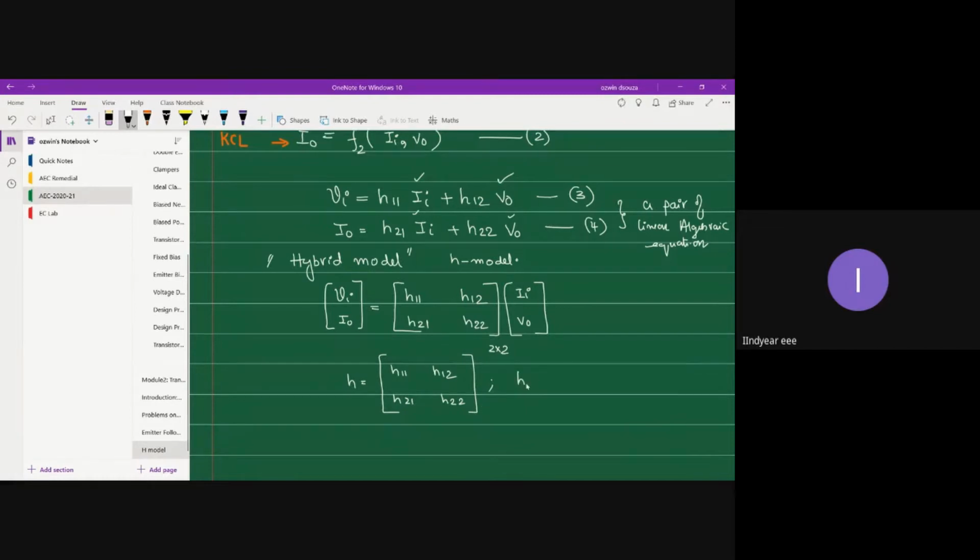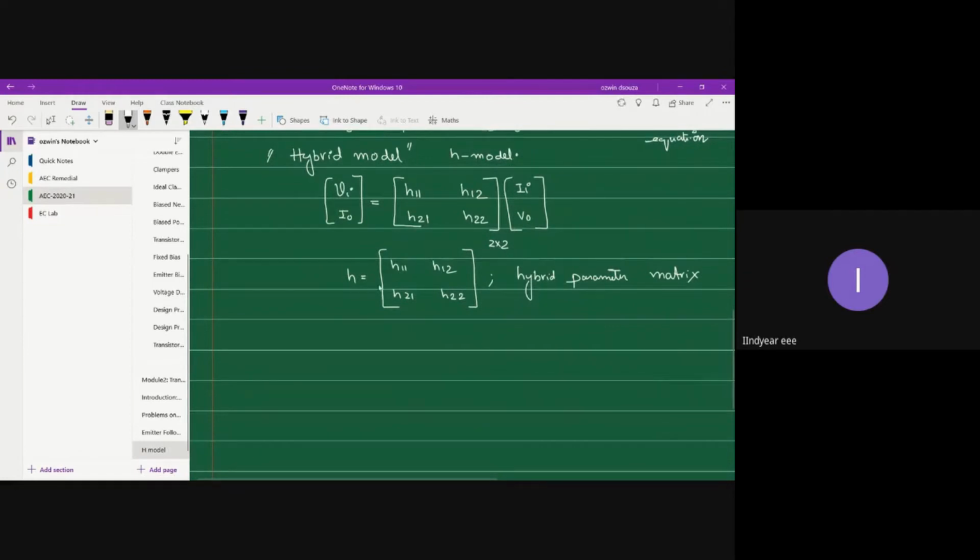So this is called the hybrid parameter matrix. Our aim is to find what H11 is, and so on and so forth. So what we will do is find the H parameters.